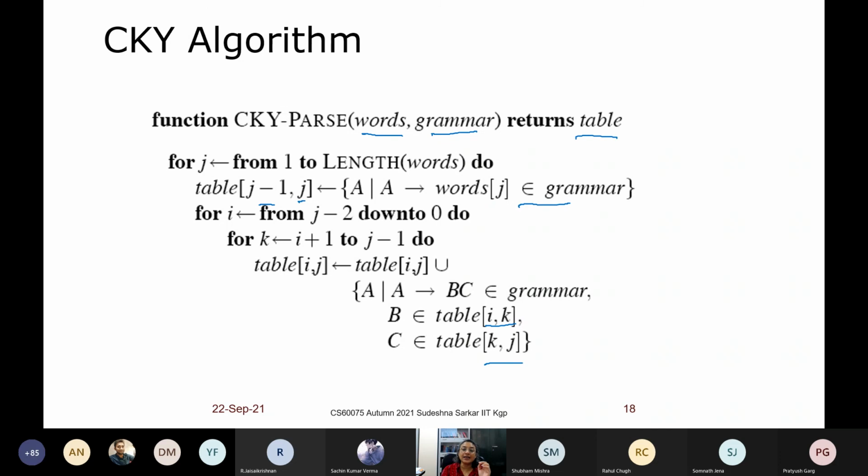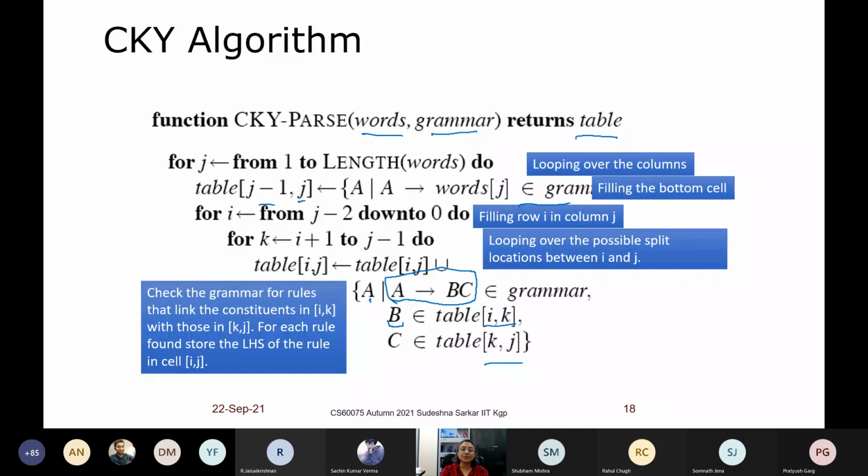Suppose table entry ik has a symbol B and table entry kj has a symbol C. Then we see in our grammar whether there is a rule of the form A goes to BC. If such a rule is there, then A is included in the table. So this is the way in which we write down the parser.